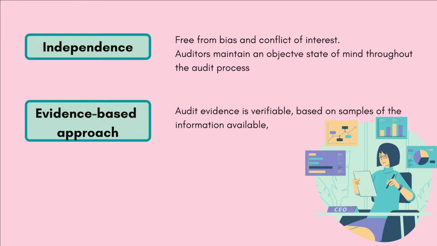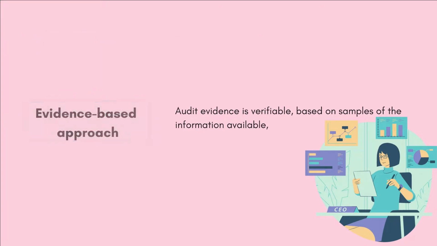Audits should be evidence-based, meaning that the audit findings should be supported by objective evidence. It is based on samples of the information available, since an audit is conducted over a finite time and with limited resources. Thus, the appropriate use of sampling is closely related to the confidence placed in the audit conclusions.